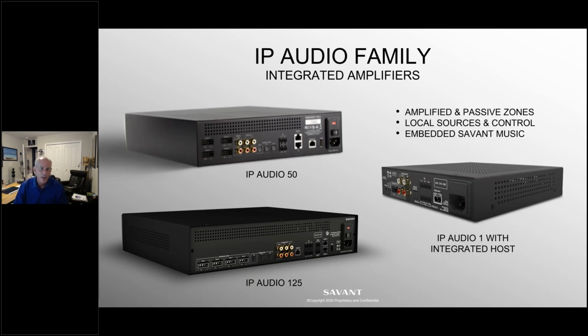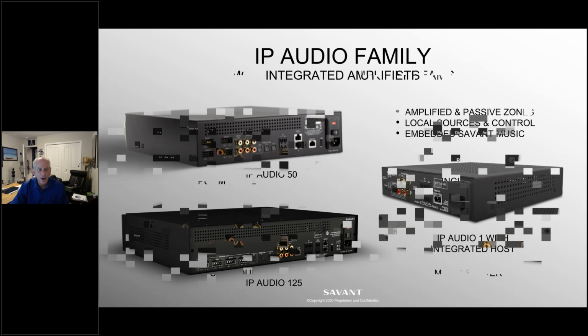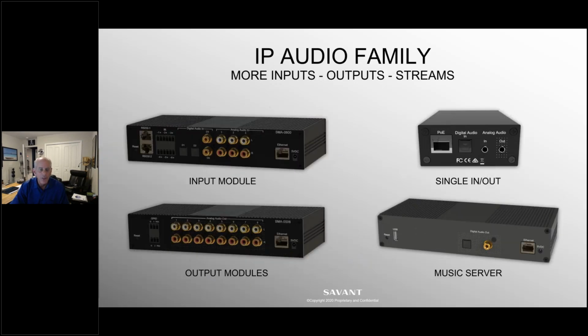And of course, they all have the analog and digital inputs as well. And then if you need to add additional inputs or outputs, we have great solutions for that as well. We have input modules and also output modules, whether you need balanced or unbalanced, and those just tie right into the AVB network. So you simply connect it to a network connection, tie that back to the AVB system, and it blends it into the system perfectly.